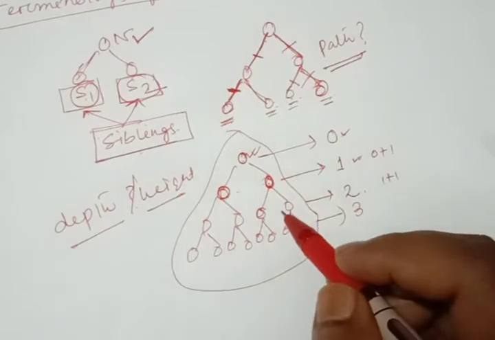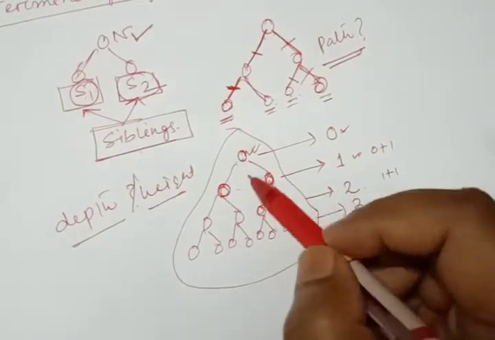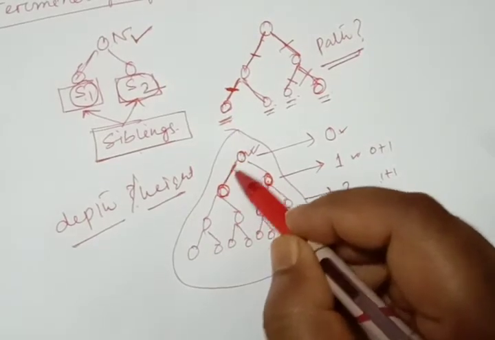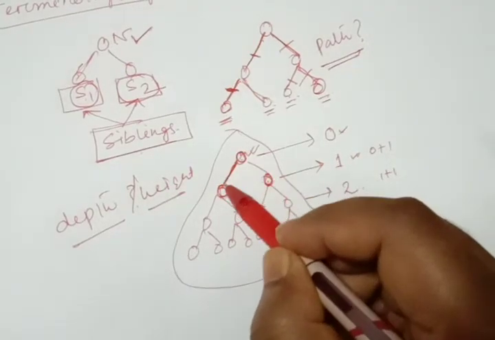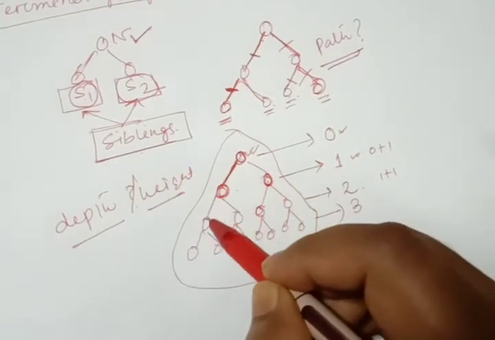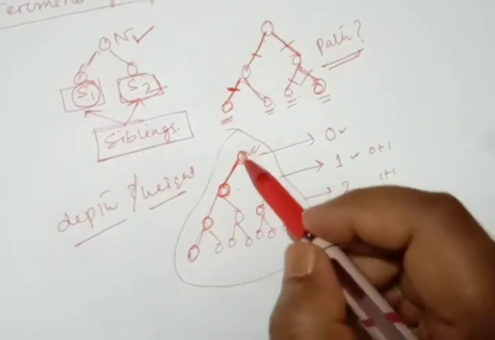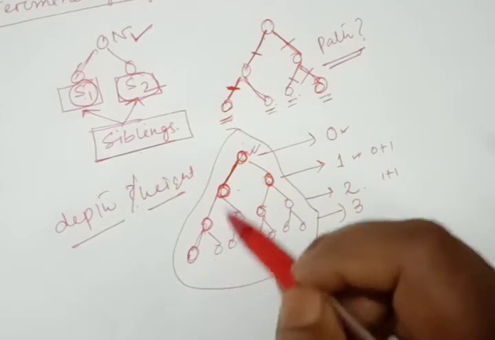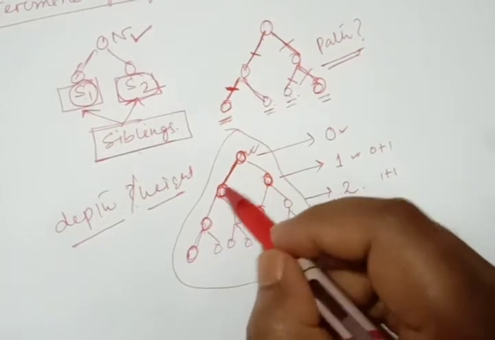There are two ways we can find the depth. Here we can see how many nodes we are covering: this is the first node, then second, then third, then fourth node. When we traverse from root to leaf, the maximum number of nodes we are covering is 4.